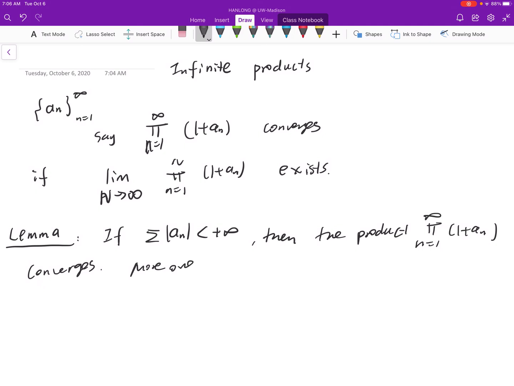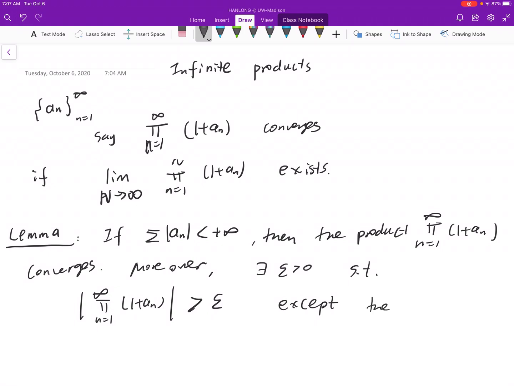And moreover, we can show not only convergence, we can show that the absolute value of the infinite product has a lower bound: there exists epsilon greater than 0 such that the product is greater than epsilon, except in the case ai equals -1 for a certain integer.